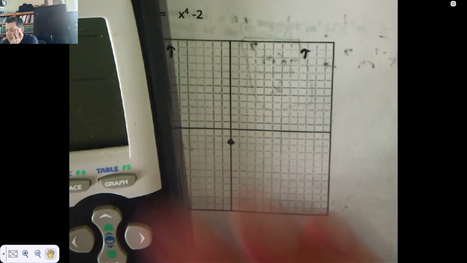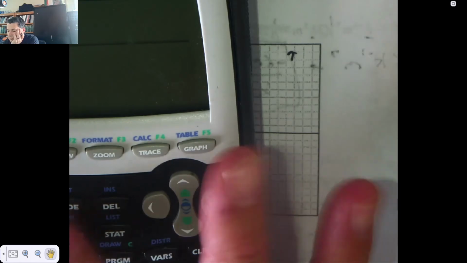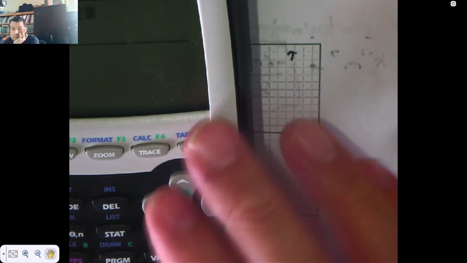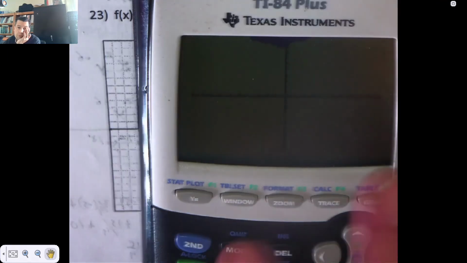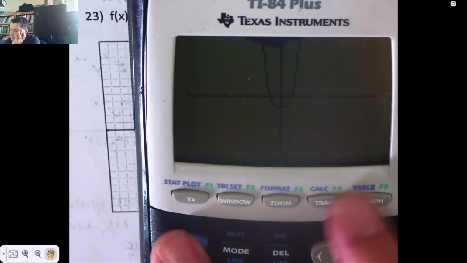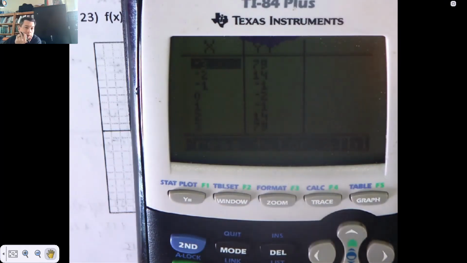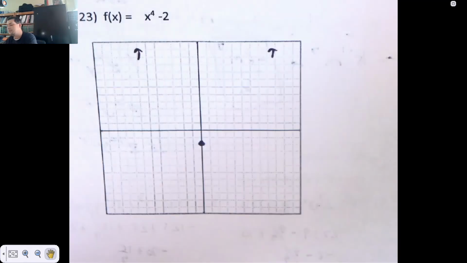But I'm going to do this the same way I did that one. Oops, didn't mean to hit graph. It doesn't have a W shape. It's kind of surprising. So there's my table of values. The only ones I can actually pull are -1, -1; 0, -2; and 1, -1. Can't pull the rest of them.